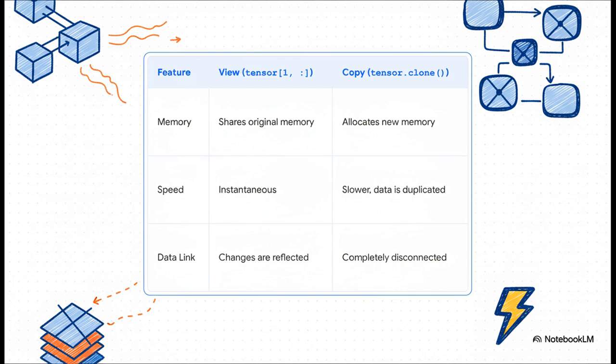When you ask for a slice, like tensor1[...], PyTorch doesn't have to create a whole new tensor from scratch. It just creates a new, tiny tensor object with different strides that points to the exact same memory as the original. It is instantaneous. A copy with .clone has to actually allocate brand new memory and duplicate all the data. That is a massive, massive performance win, and it is all thanks to strides.